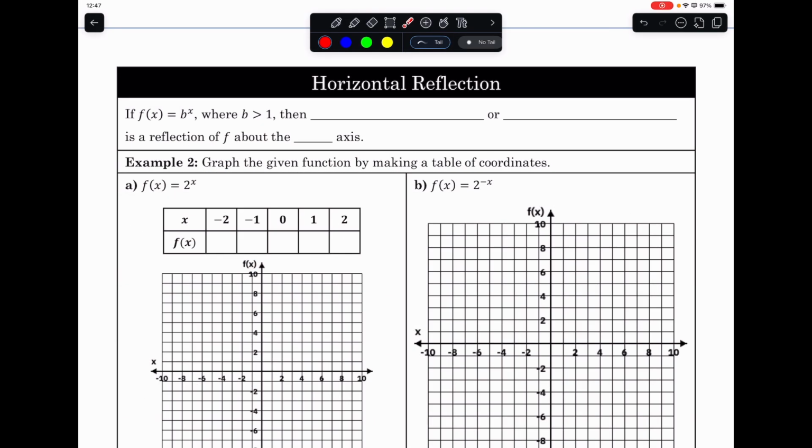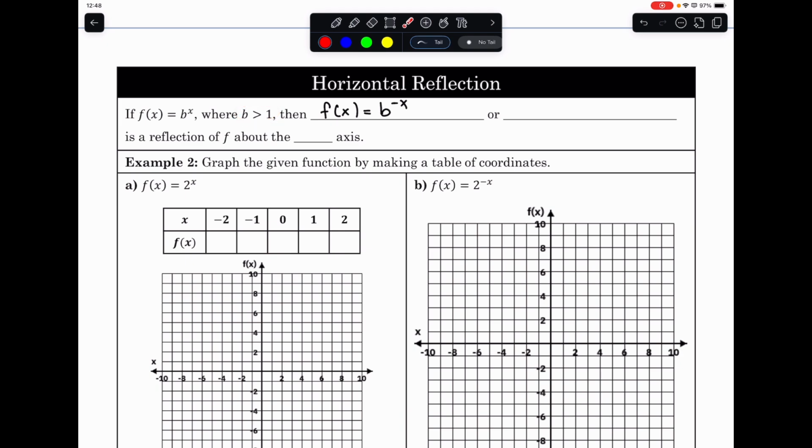So let's begin with horizontal reflections. A horizontal reflection is going to be a reflection across the y-axis. Okay, and it looks like this. If I'm going to reflect something across the y-axis horizontally, the notation for that is b to the negative x power, assuming again that the value of b is a positive number bigger than 1.